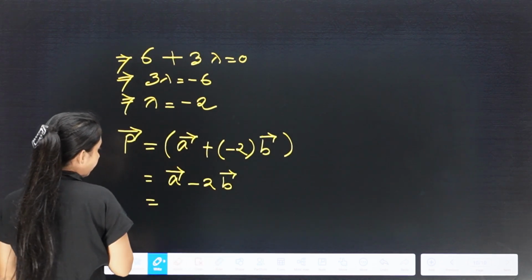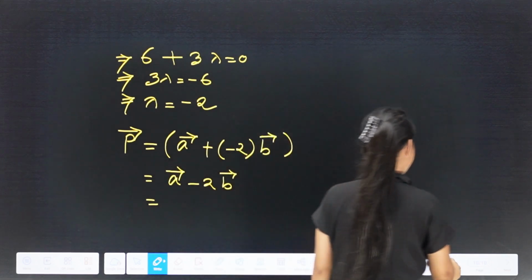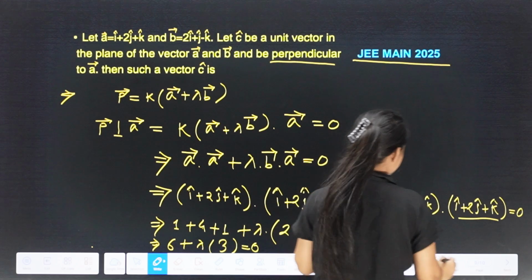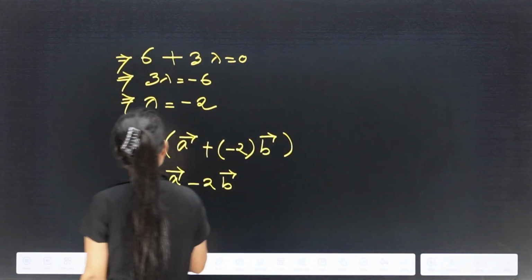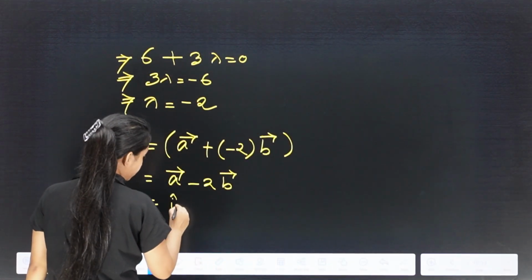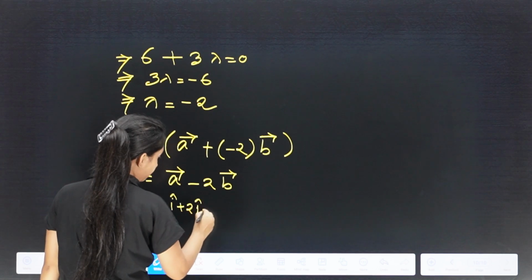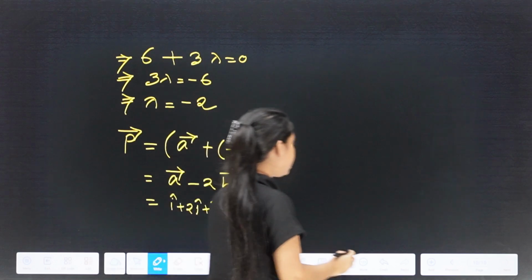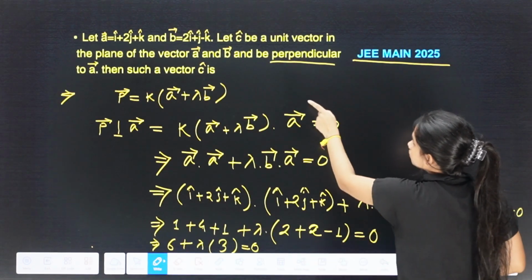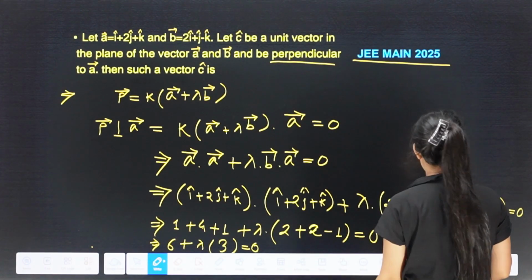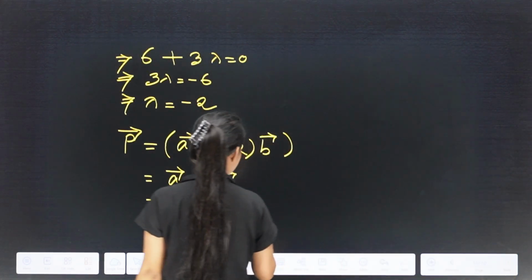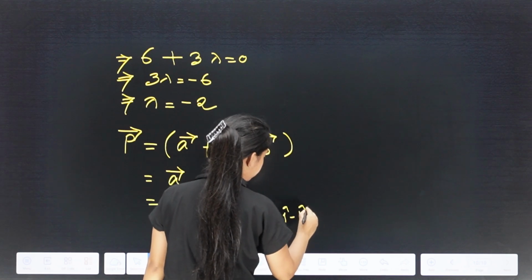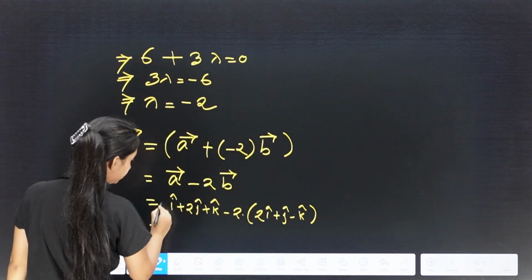So what is a here? a is i plus 2j plus k, and minus 2 into b, that is 2i plus j minus k. So we just need to simplify it.